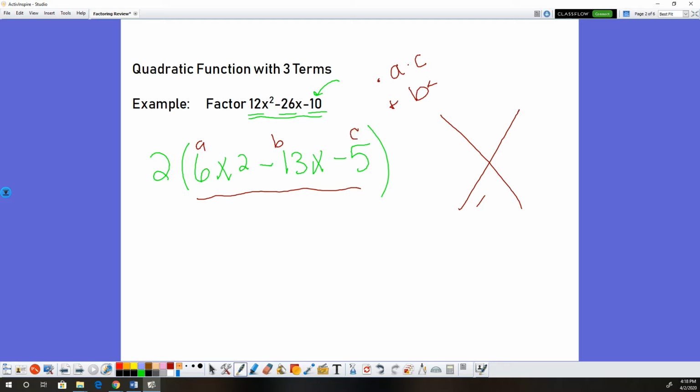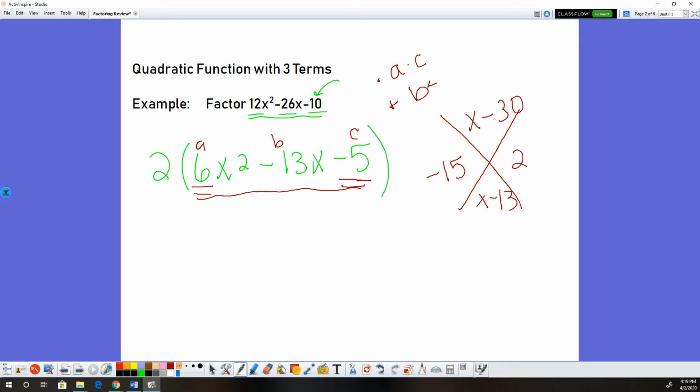So a is 6, c is negative 5, and 2 numbers that multiply to negative 6 times negative 5, which is negative 30, but they have to add to b, which is negative 13. Don't drop those minus signs or negatives. Let me think. Will that just be negative 15 and positive 2? So negative 15 and positive 2.